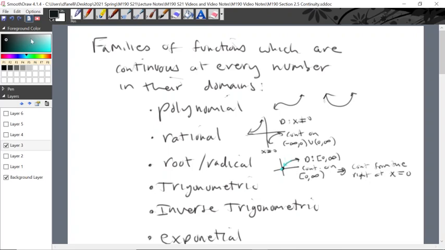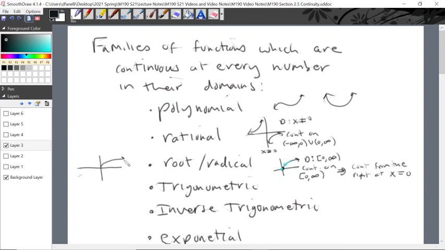Now the odd root functions, by the way, have a domain of all real numbers. You take something like a cube root function, which also looks very similar to an inverse trigonometric function we also know. But this would be the function y equals the cube root of x, or maybe a fifth root of x.